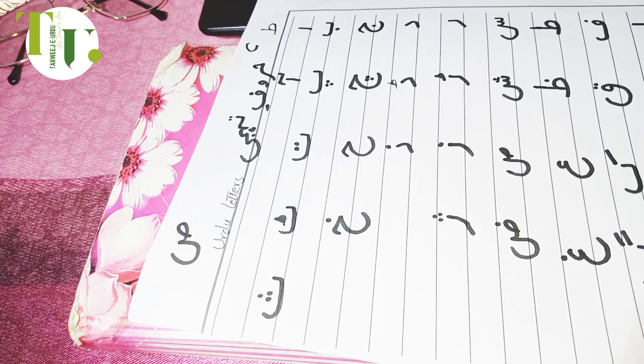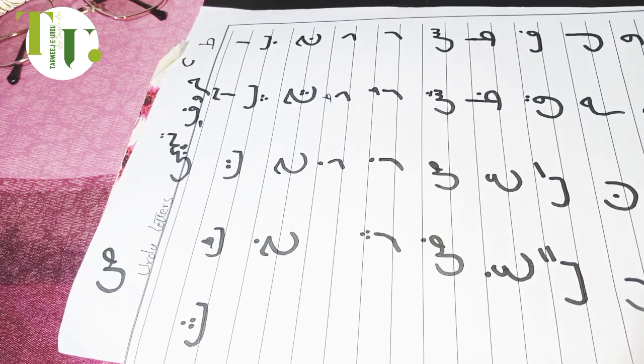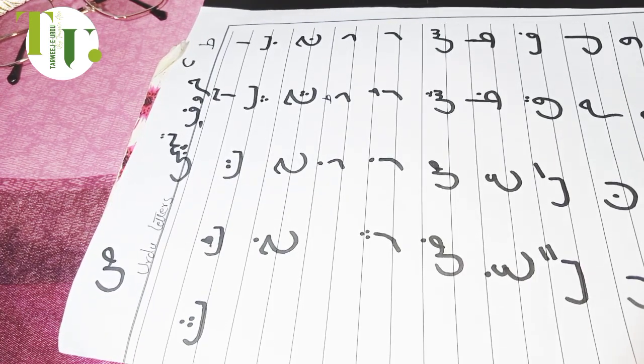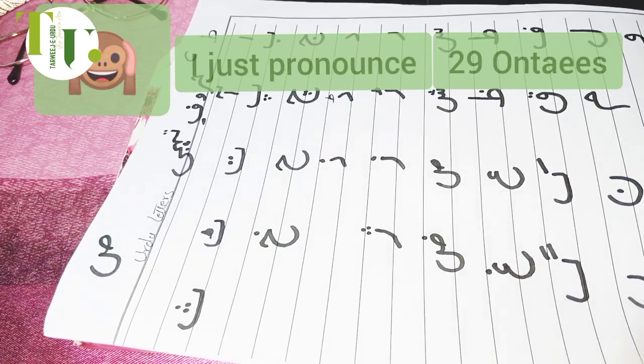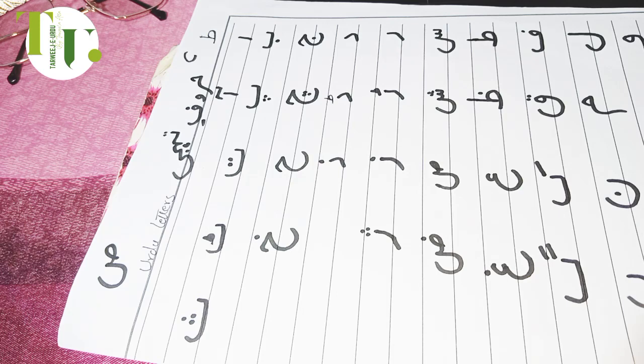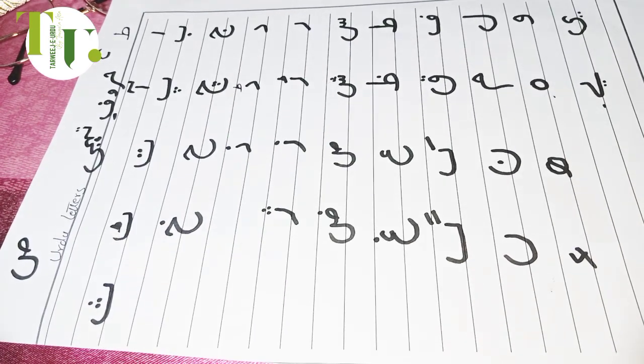Now move forward, 31, 32, 33, 34, 35, 36, 37, 38, 39, 40. So we have a total of 40 letters in Urdu.